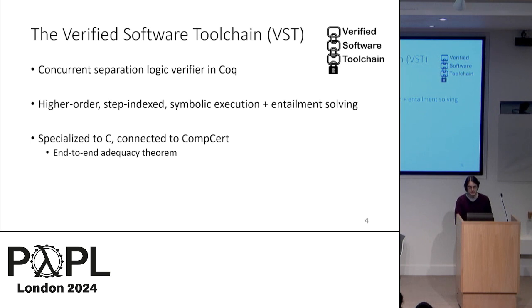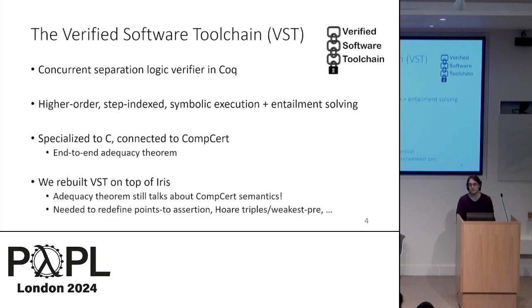So what we did in this work was essentially to rebuild VST inside of the Iris framework. So we have exactly the same rules of our program logic, exactly the same adequacy theorem about what we know about programs once they're verified, but the logic that we're using, the resources, the way we're talking about resources and so on, are Iris. And lest this sound easy, this really involved modifying everything.